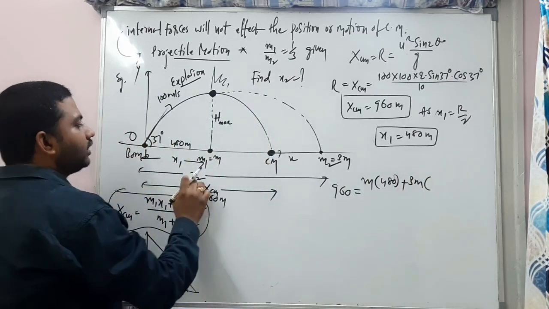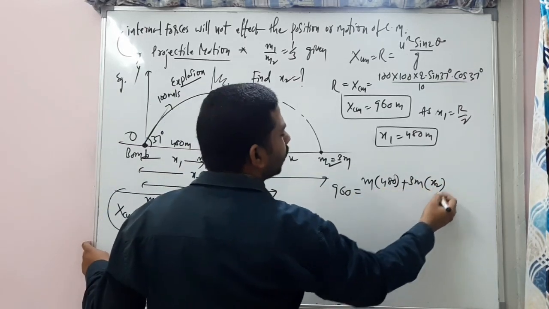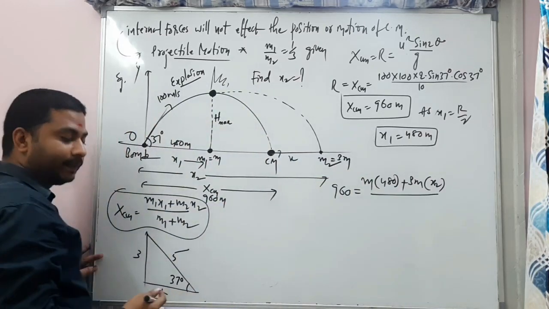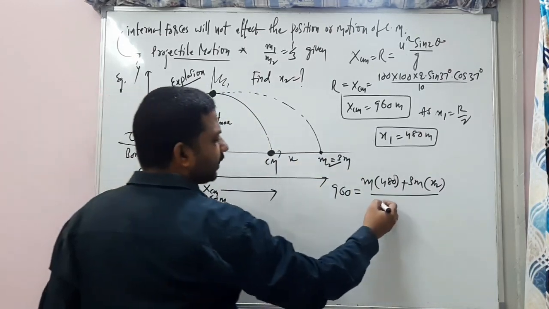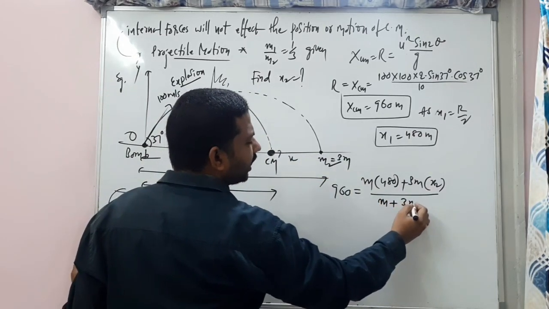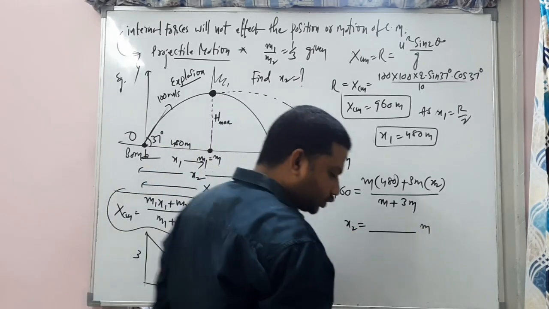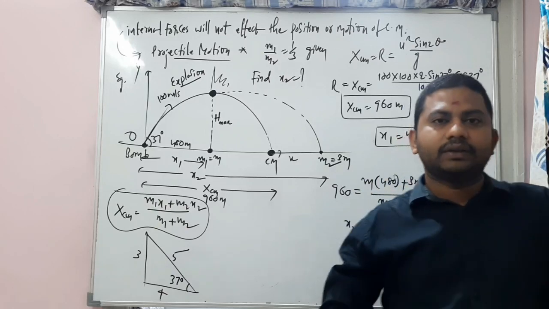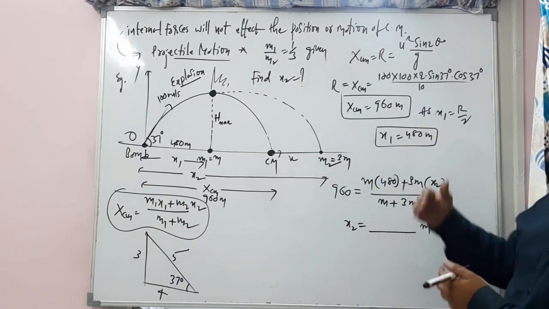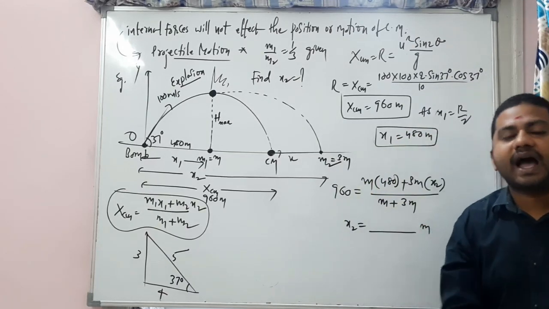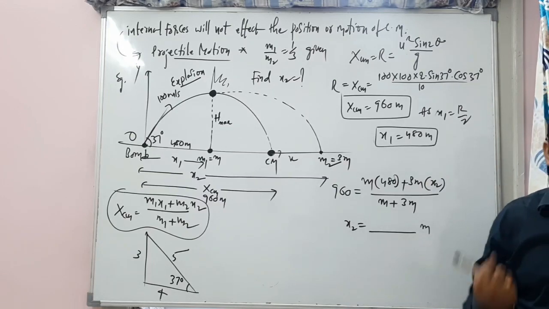What is x2 here? x2 is what unknown we need to find, divided by m1 plus m2. m1 is m, m2 is 3m. So will you please do it and tell me the answer? What is x2? Sometimes the ratio of x1 and x2 can also be asked. Get ready for that also.